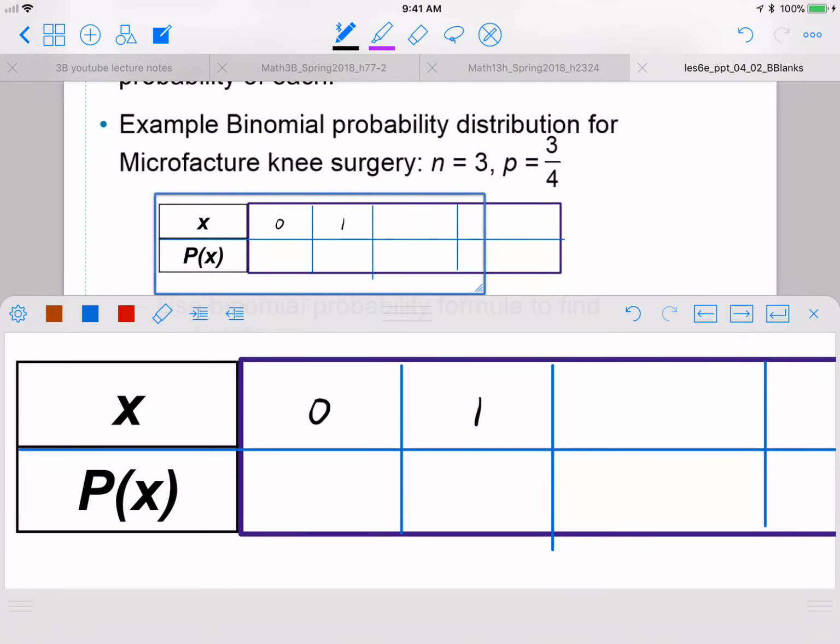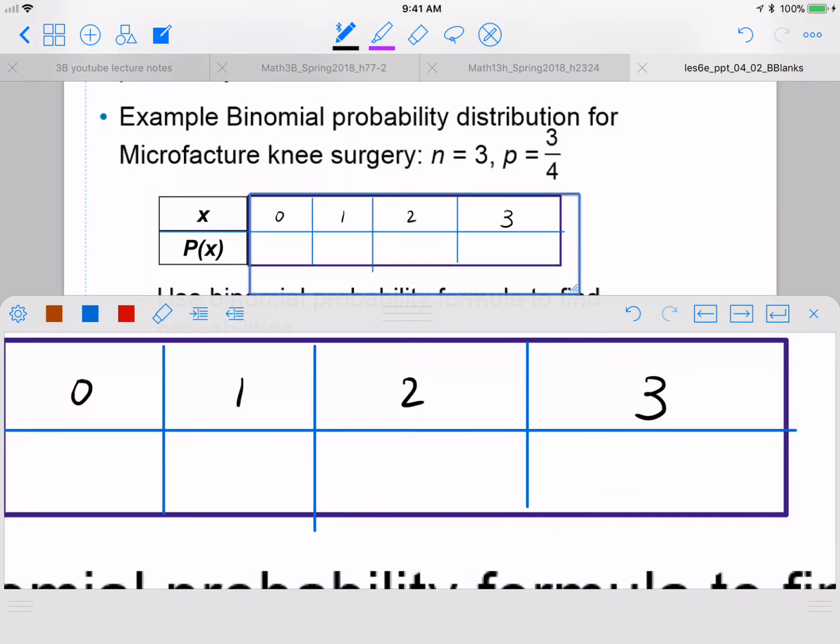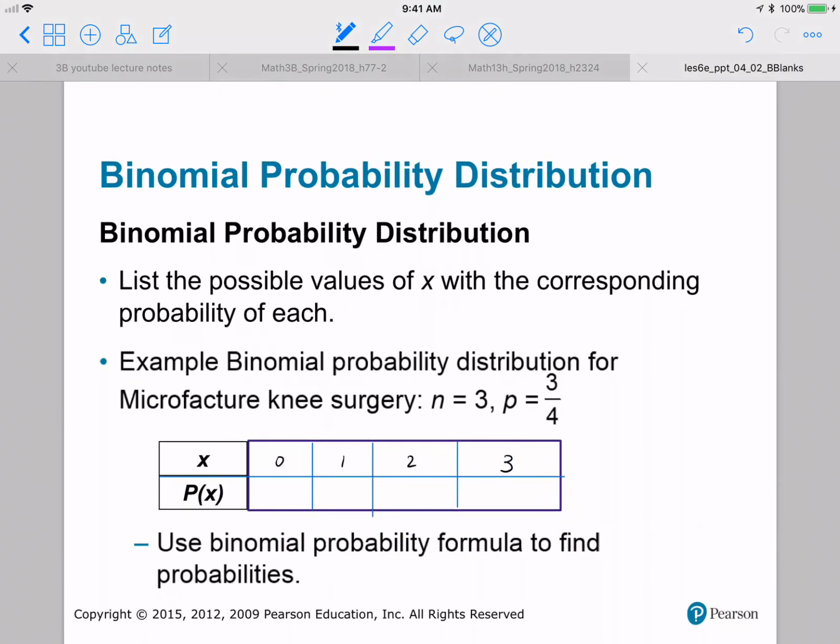X could be 0, 1, 2, or 3. Remember, x is keeping track of the number of successes. If you're doing 3 surgeries altogether, n equals 3, then x could be 0, 1, 2, or 3.